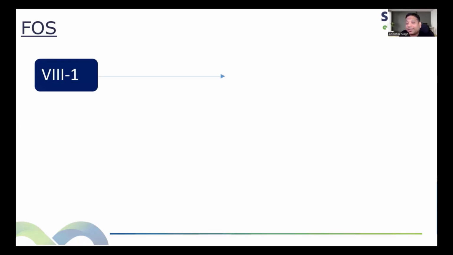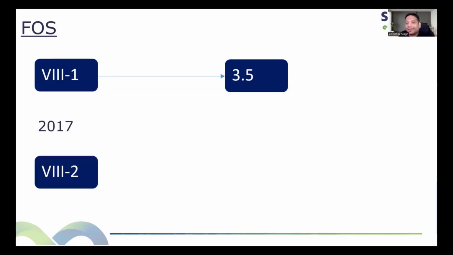So it's 3.5. Now, before 2017, Division 2 did not have Class 1 and Class 2. Many of you may be surprised by that. Before the 2017 edition, there was no Class 1 and Class 2. Class 1 and Class 2 were introduced in 2017.